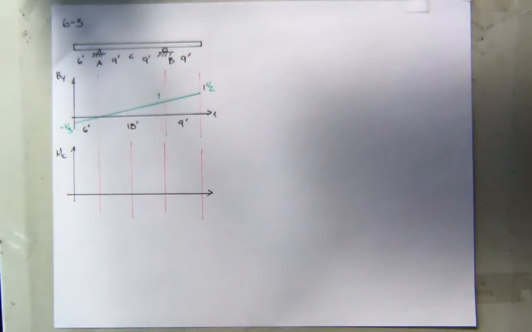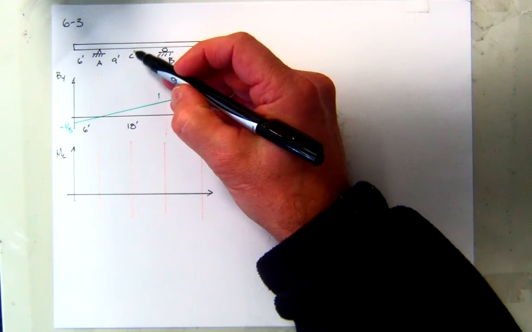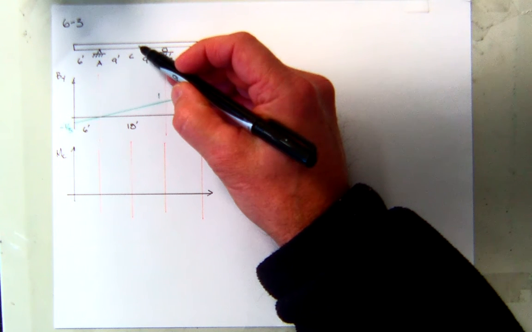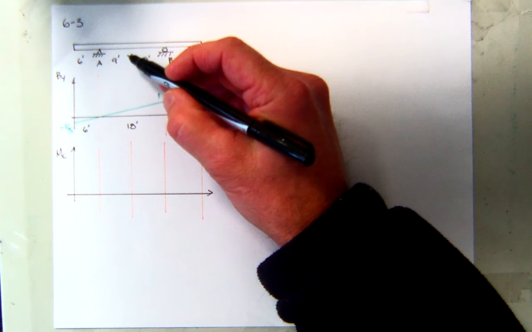So how are we going to do it for moment? Remember what we do is we go back up here to the point we're interested in, which is the moment at C, and we take the beam's ability to have moment capacity. So basically put a hinge there, and then apply positive moment.